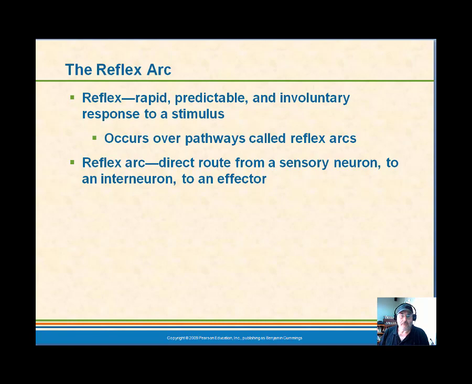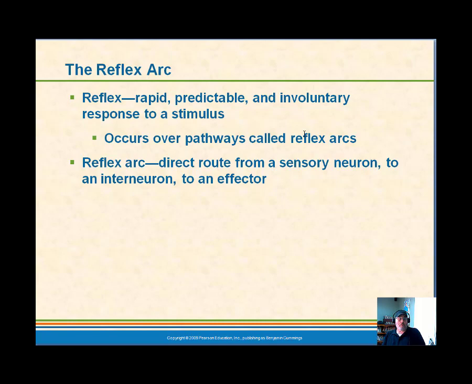Now, a reflex arc involves a couple of different cells. It does involve a sender, a receiver. It involves a sensor that picks up some bit of information that is necessary to initiate this reflex arc. So the reflex arc is rapid, it's predictable, and it's involuntary.